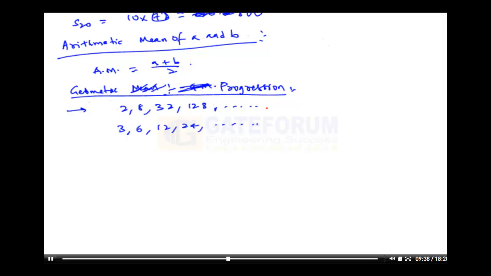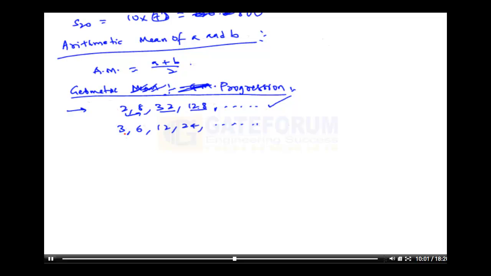Observe the first sequence. How are the numbers from the second term onwards obtained using the previous term? Here 2 into 4 is 8, or 8 by 2 is 4, 32 by 8 is 4, 128 by 32 is 4. The ratio between the successive terms is the same.